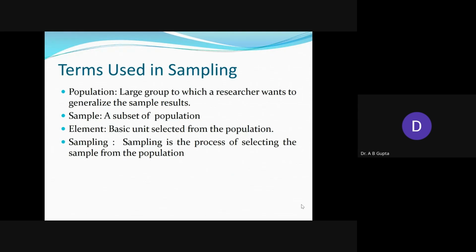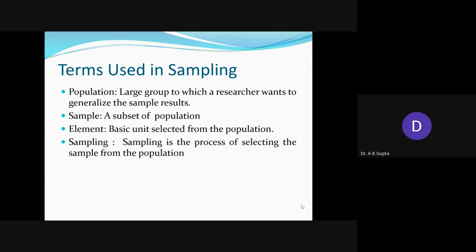So sampling, only 3 or 4 terms I will be telling you. Although I hope, because we have already covered that during the last 2 days, but again, let me repeat. Population is a large group to which the researcher wants to generalize. So population can be a large group. Maybe if you take all the engineering college students in a particular state, so that can be a population, a large population.